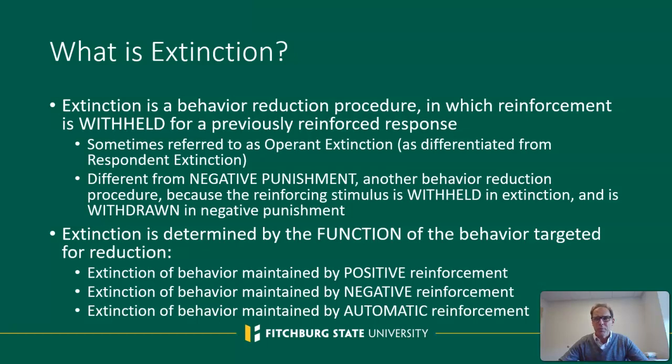In negative punishment, the reinforcing stimulus is present in the environment, the target behavior occurs, and that reinforcing stimulus is withdrawn from the environment. So again, with extinction, it wasn't there before the behavior, it's still not there after the behavior. Negative punishment, it is there before the behavior, and it's withdrawn following the behavior.